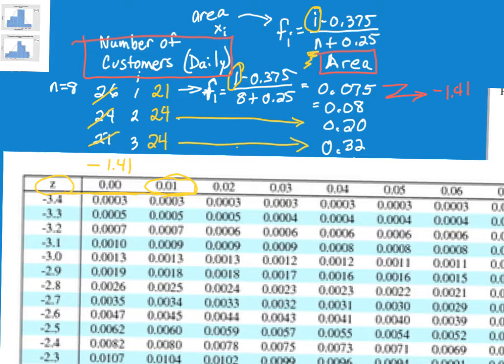All right, and if I do the same thing, I hunt for 0.20 now. Inside this same table, 0.20.